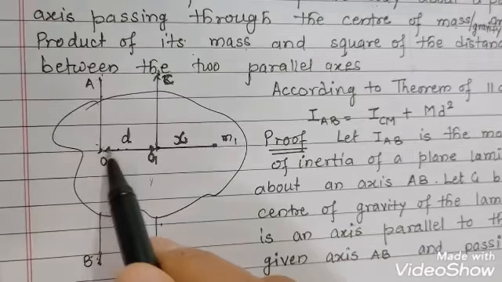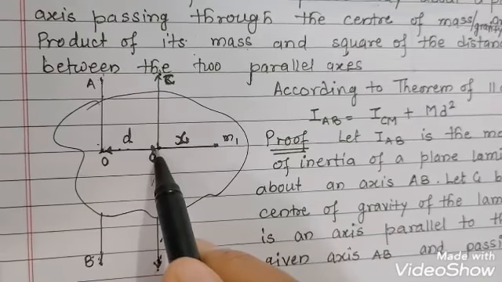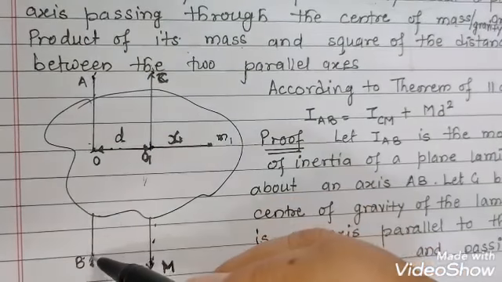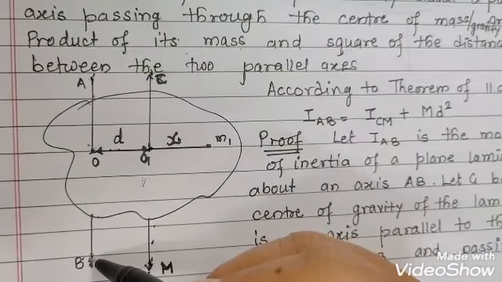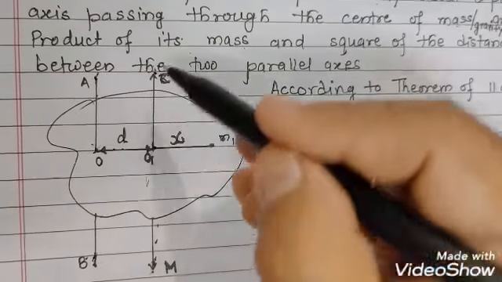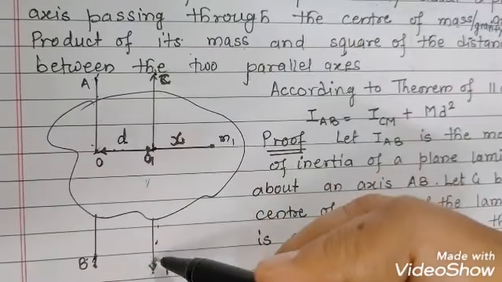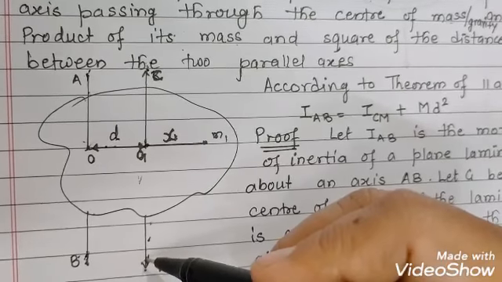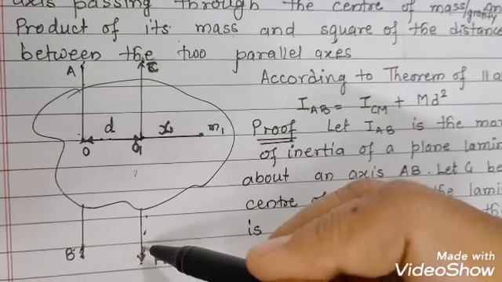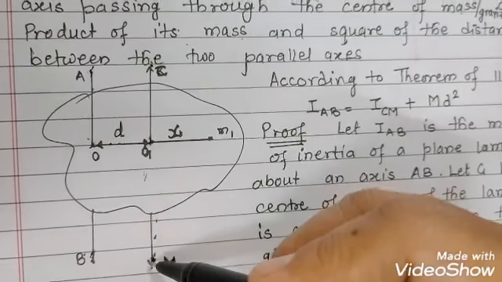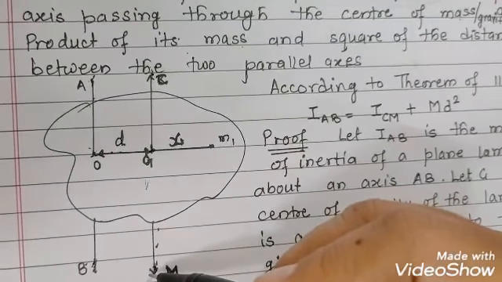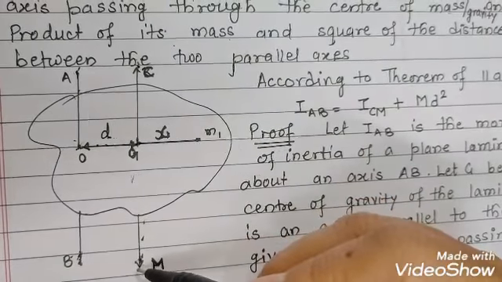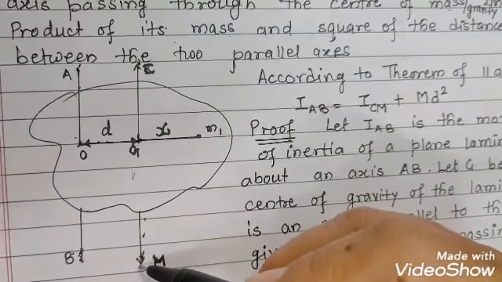in which one is any axis about which we are taking the moment of inertia, and another is the axis which is passing through either the center of gravity or the center of mass, and most of the time the center of gravity and the center of mass coincide with each other. So we are considering here this CM is passing through the center of mass or the center of gravity.